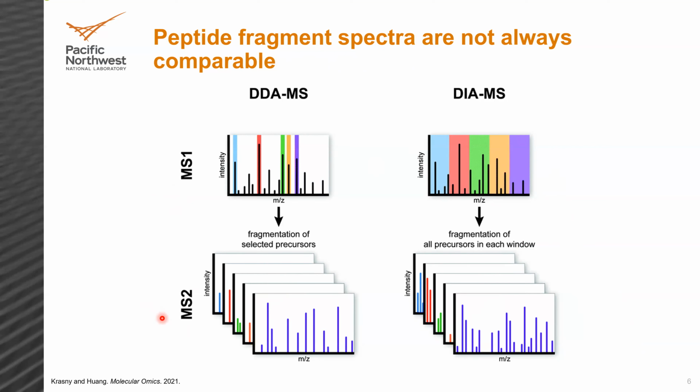In DDA, all of these peptide fragment peaks result from a single peptide. Whereas in DIA, there are multiple peptide fragments found in here. So these are the fragmentation events of multiple different peptides.